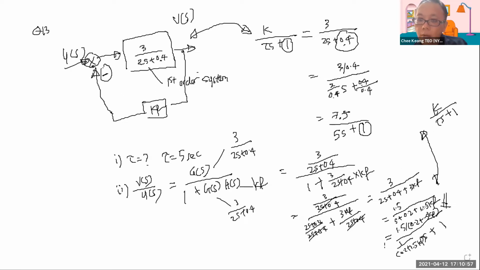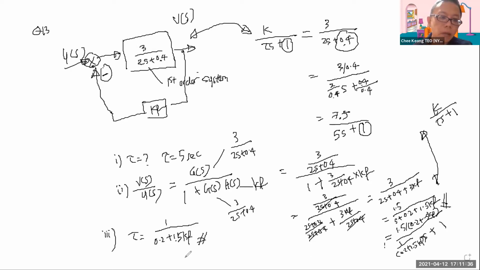If you compare tau with this, your time constant would be, if I move to here, tau equals 1 over 0.2 plus 1.5 kf. So this is for part 3.